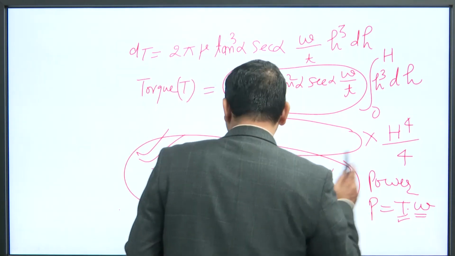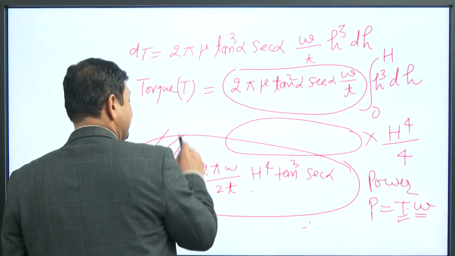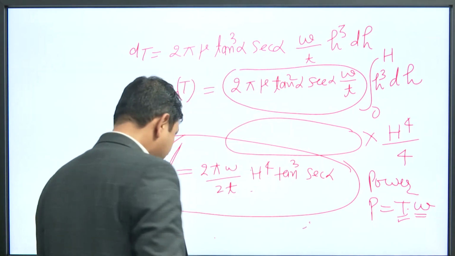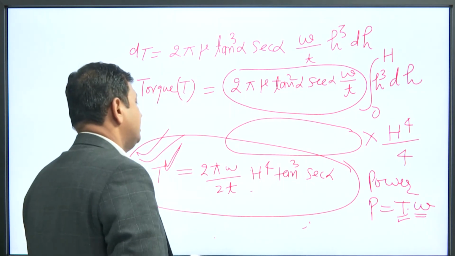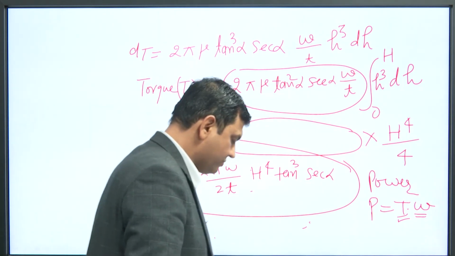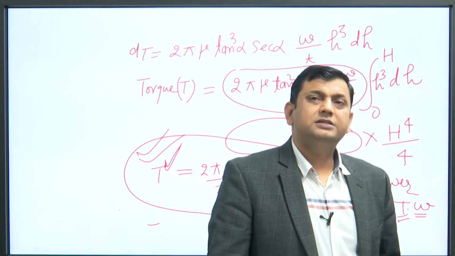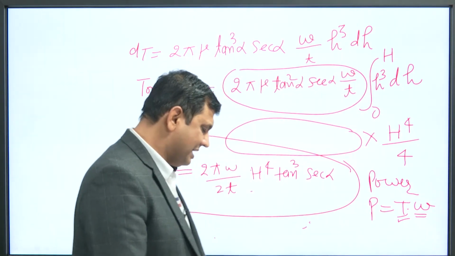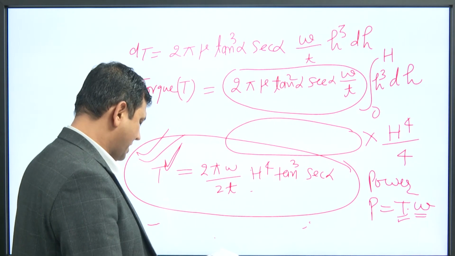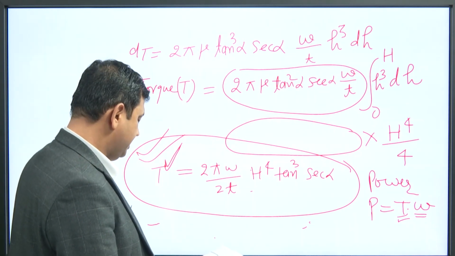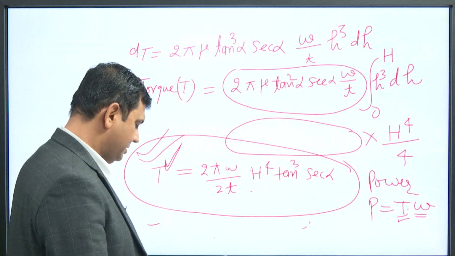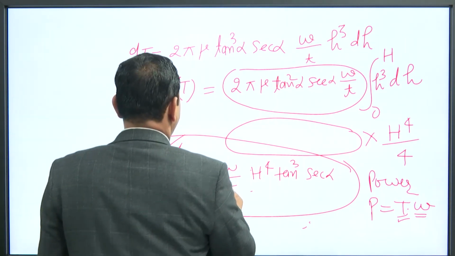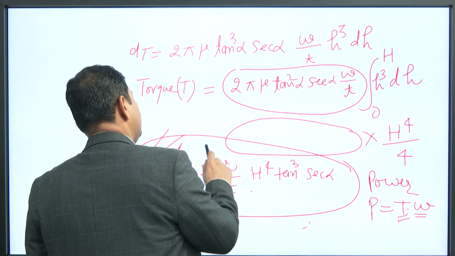Putting the torque in this equation, what is the viscosity? In the equation 2 pi mu upon 2t h to the 4 tan cube alpha, all components are known, but mu is missing.